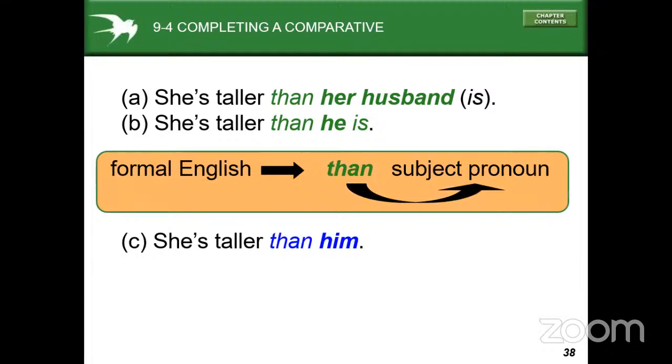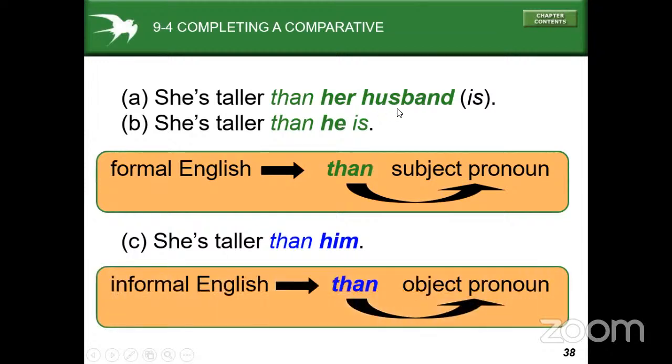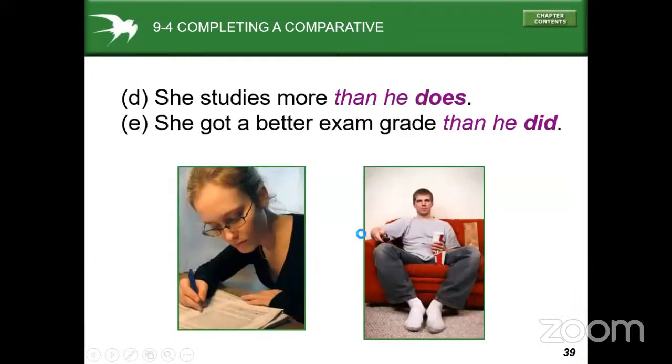In formal English, than plus the subject pronoun. For example, than her husband, right? And in formal English, than plus object pronoun, him, will be, right? Than him. She's taller than him. Informal. Formal subject pronoun, like he is, than he is. Him, okay?